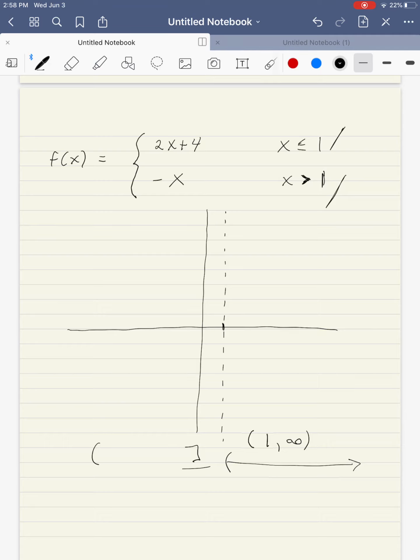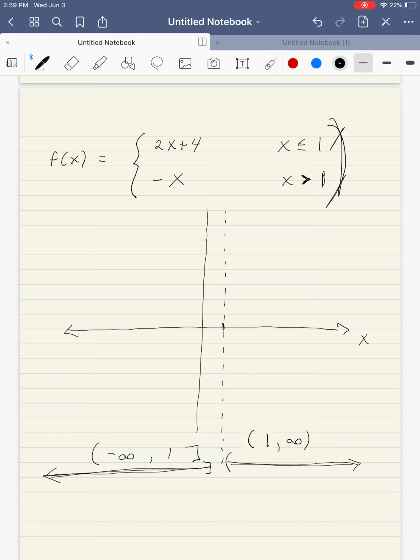This is the portion of the graph here from negative infinity all the way up to 1 and including 1. So that's what these two things mean. They mean you're breaking up the graph over the x-axis into two pieces.